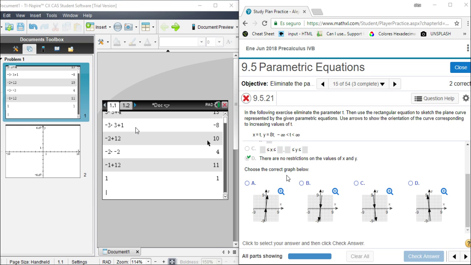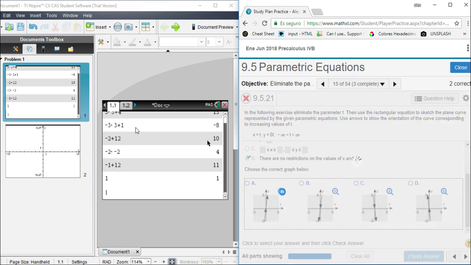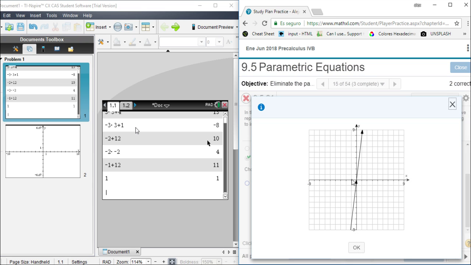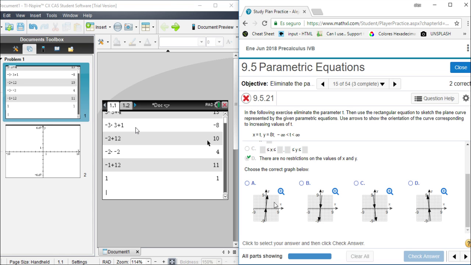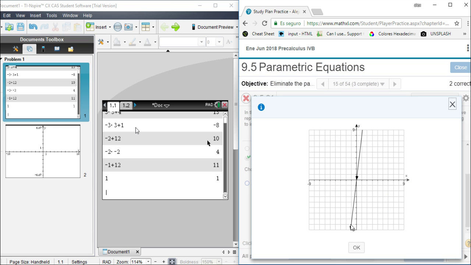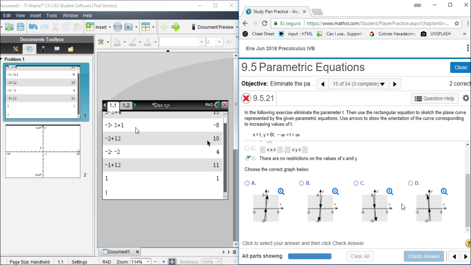We can substitute x with -1, so -1 times 8 is -8, so we need to find -1 for x and -8 for y. So this one is correct. This one is not correct because it's decreasing. It's the same with this one.